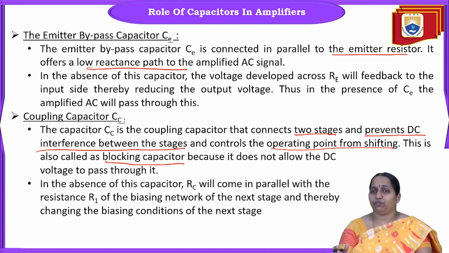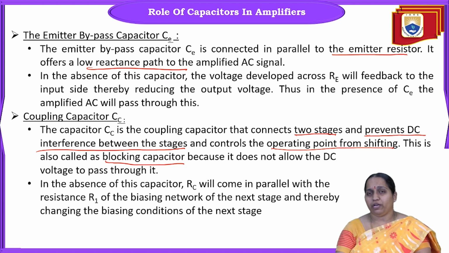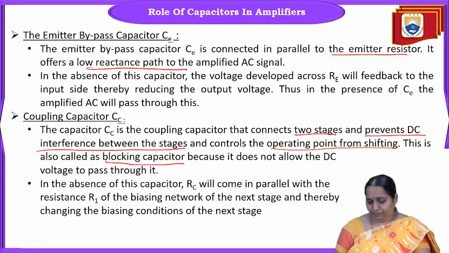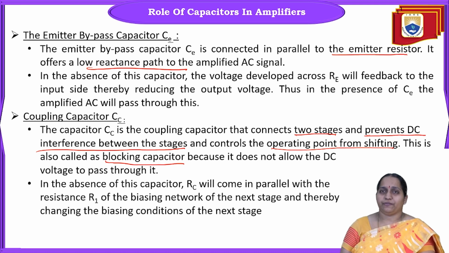As a result, the biasing conditions of the next stage will change. To overcome this problem, we make use of the coupling capacitor. So this is about the role of capacitors in amplifiers.